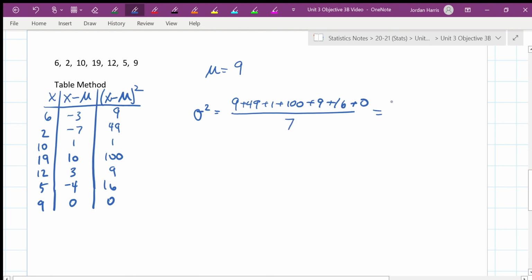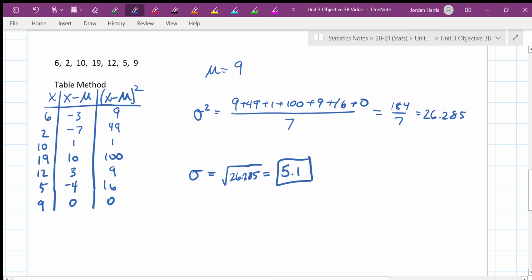Okay, so that's 184 divided by 7, which is 26.285. Okay, so square root of 26.285 is 5.1. That's where I got the 5.1 from. So that's my final answer.